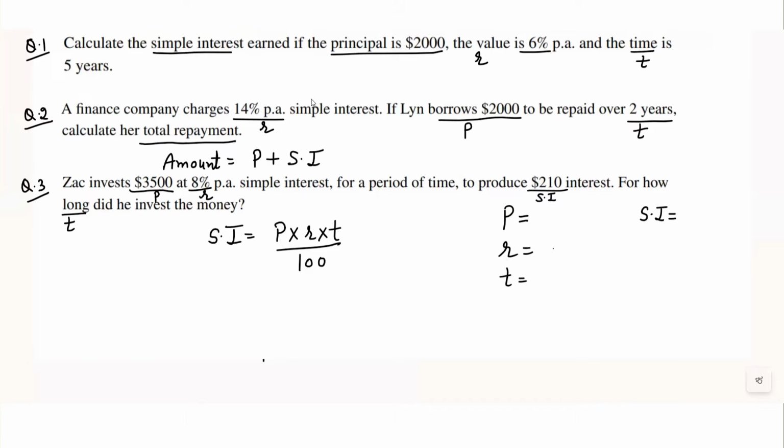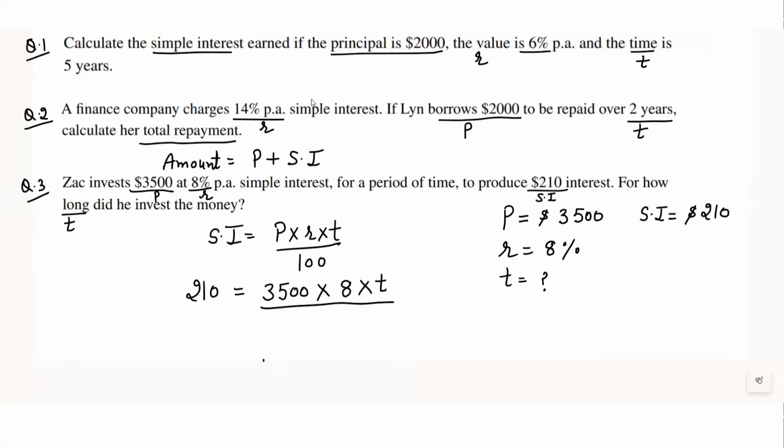So let's write down here simple interest is $210. Principal is $3,500. R is 8%. Time we don't know, so we have to calculate it. So we will substitute the values here: 210 equals 3,500 into 8 into, in place of T, we will just write T, over 100.